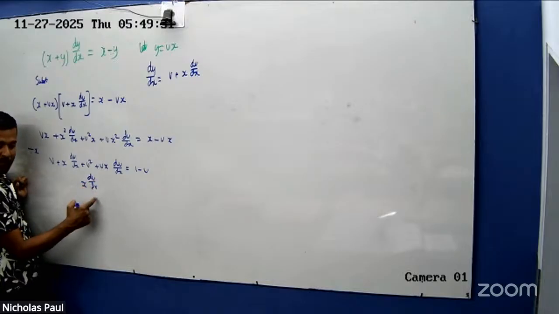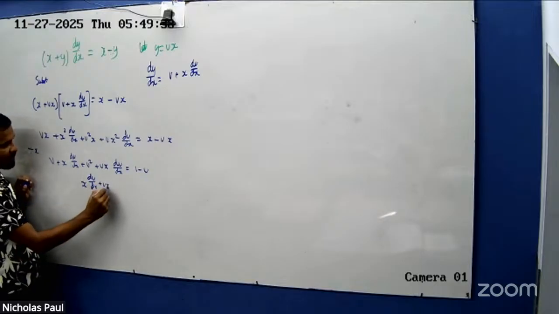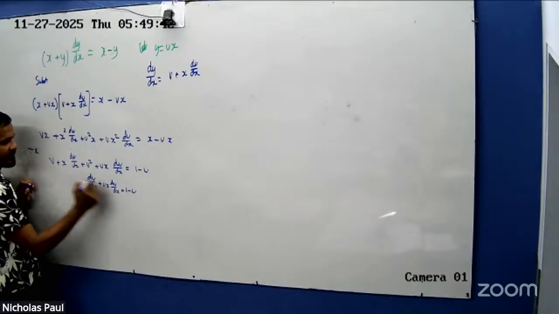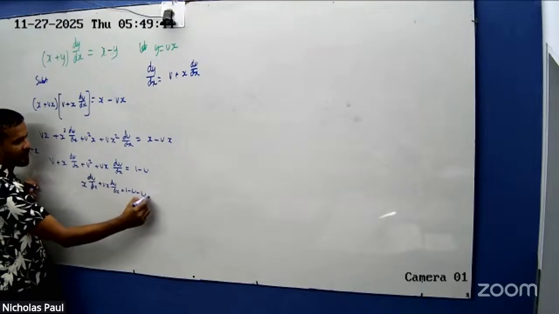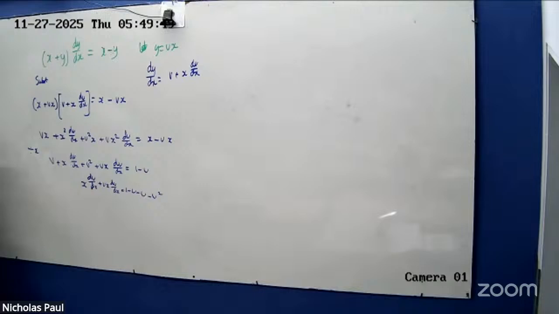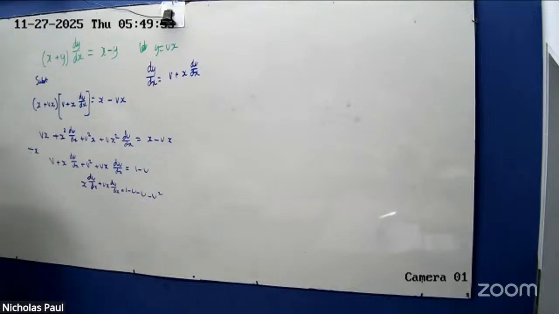In your mind, you should be thinking of how you can solve it. You have x dv dx plus vx dv dx. We don't want this here, so we put it in this here. Anybody get it? Then probably all we do is separate variables and do our integration.